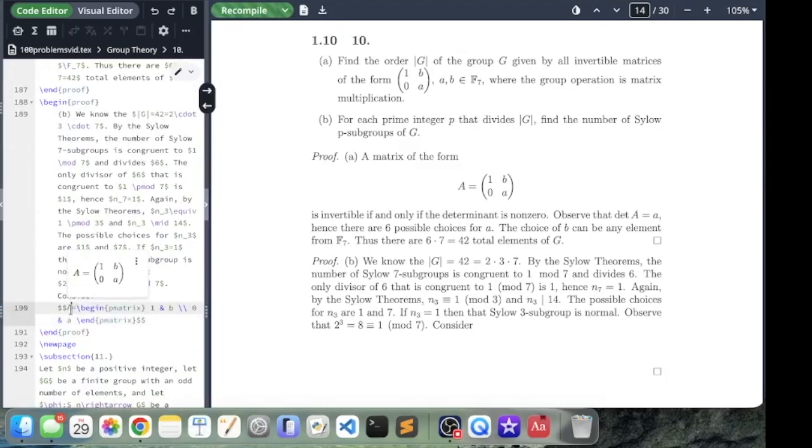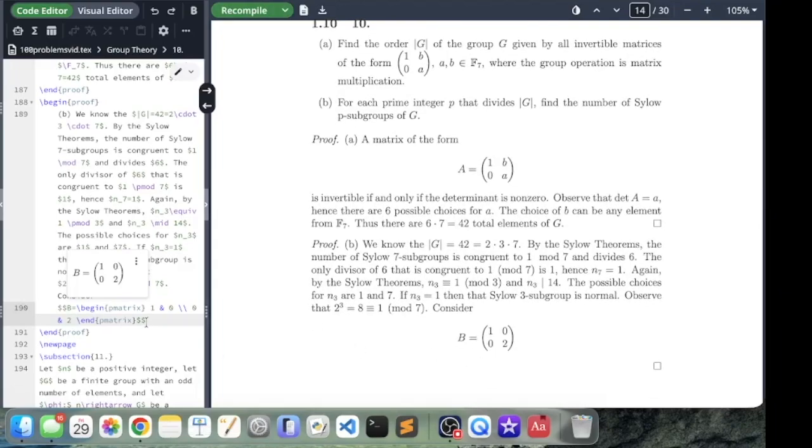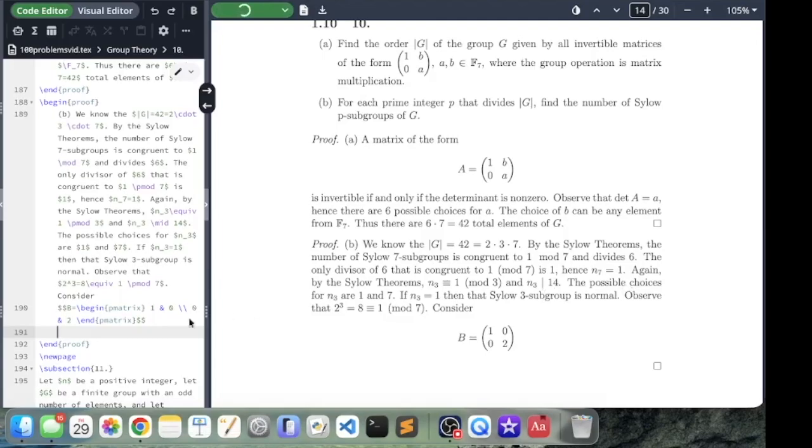So we have B to be, if this was 0 and A was 2, like that. So we consider this matrix, and we observed that 2 cubed is equal to 8, which is congruent to 1 mod 7.